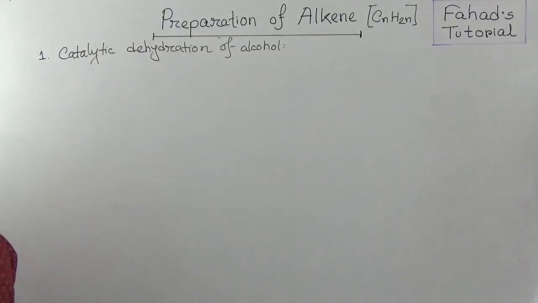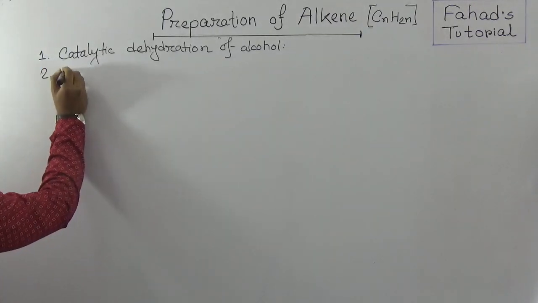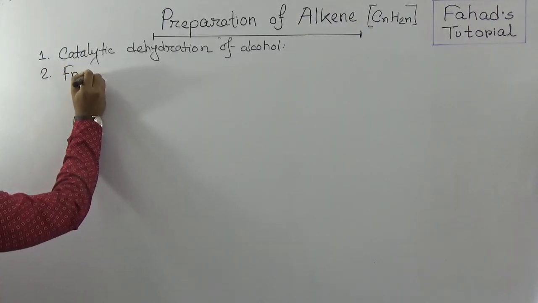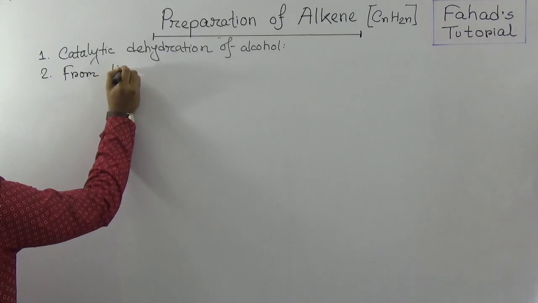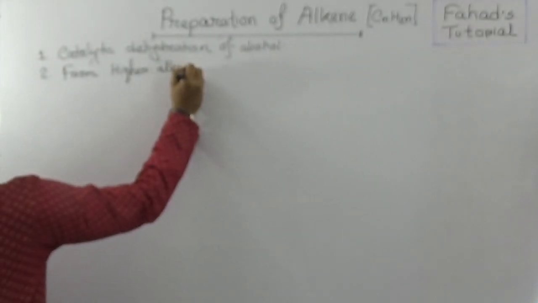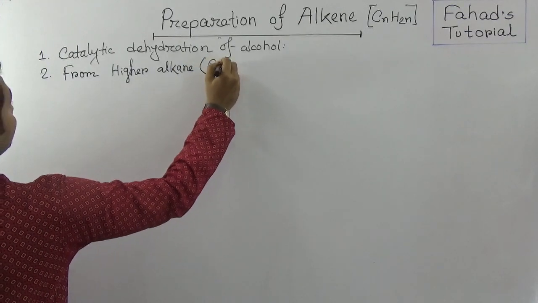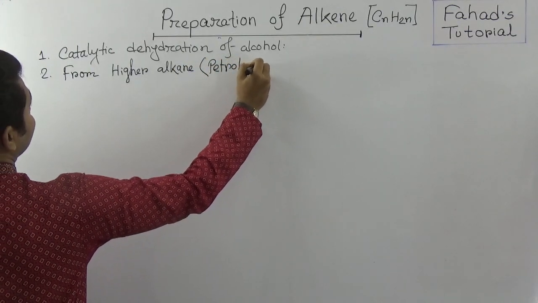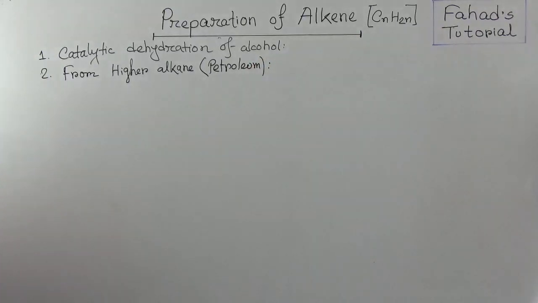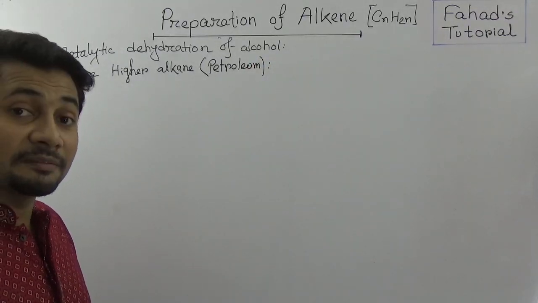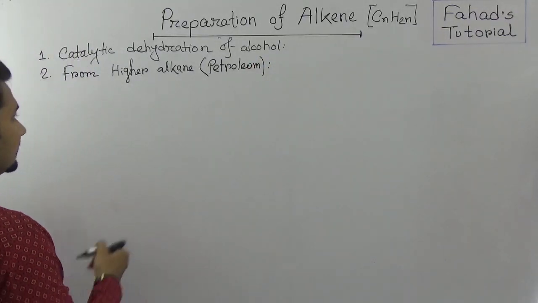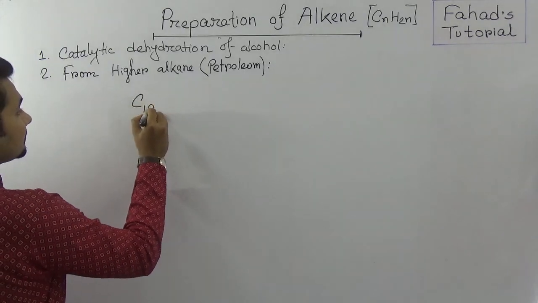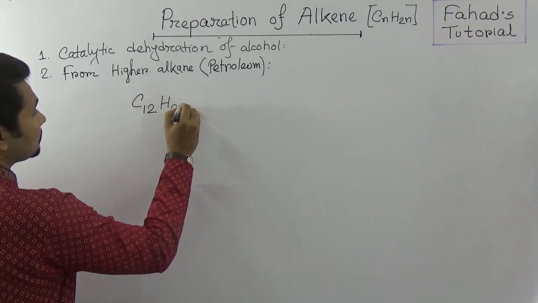So the second step is from higher alkane. This is petroleum. Just remember, this is the second process of alkene preparation. Think about dodecane, C12H26.